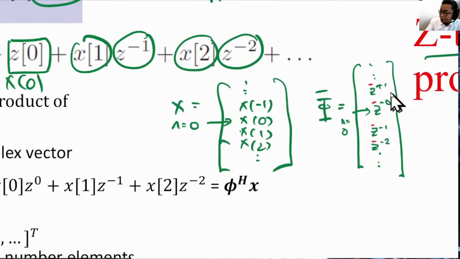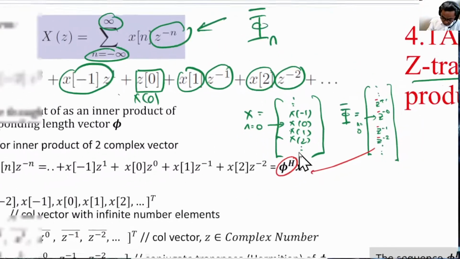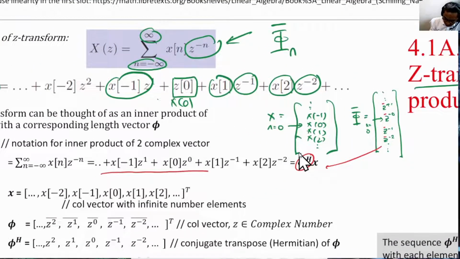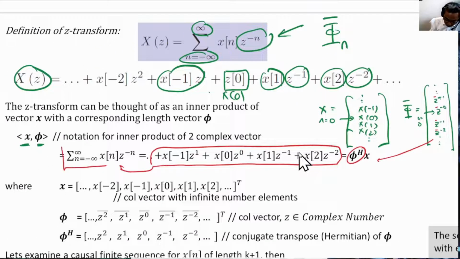On the right-hand side, we show this vector as a column vector where we have elements of z to the power of n with a complex conjugate. The reason why we need the complex conjugate here is that later on, when we apply it as a vector times vector notation, we will have to conjugate it again. So we must remove the conjugate later on. But in any case, this is the equation that is representing this summation.